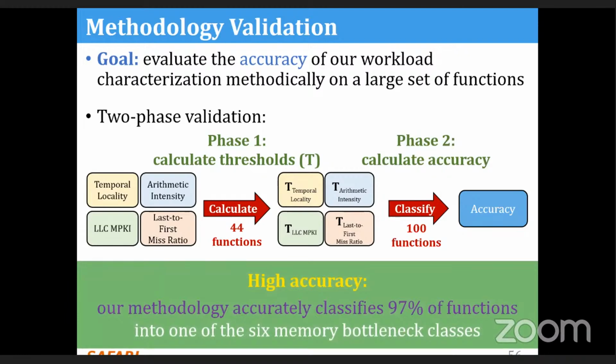And what we observe is that our methodology is quite good, because for these 100 functions, 97% of them are correctly classified using our methodology according to the 6 classes of memory bottlenecks.